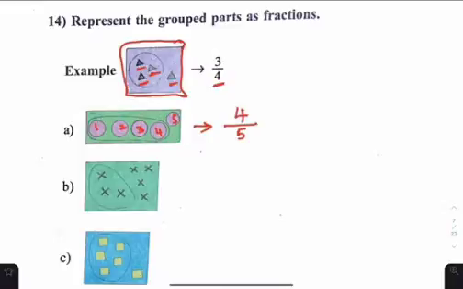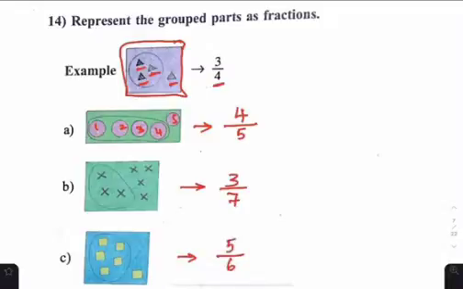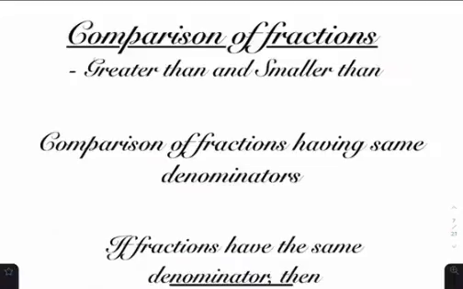So 4 by 5 is the fraction. Now next one, 1, 2, 3, 4, 5, 6, 7 is the denominator, and 3 is grouped. 3 by 7 is the fraction. Now 6 is the denominator and 5 is the numerator.